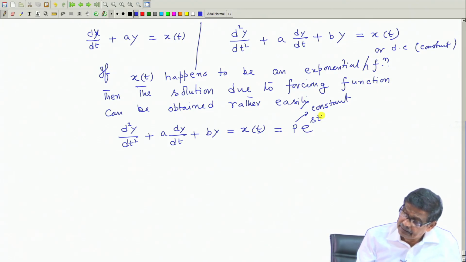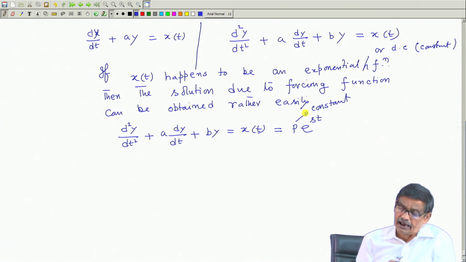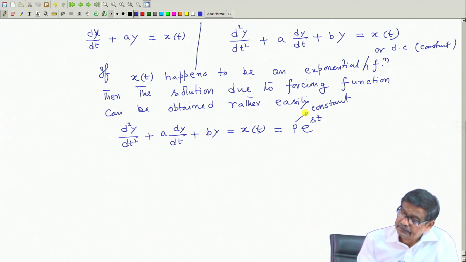See, if this is the function, first I say that this is a constant, I mean an exponential term. We argue like this, okay, this is a very interesting way to look at the problem.